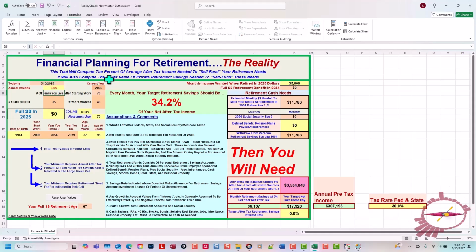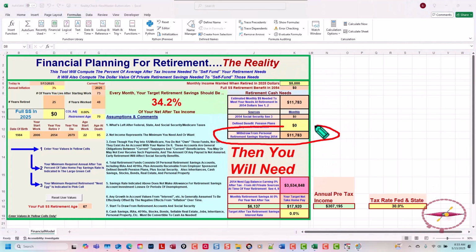That happens to be the historical average for the last 50 years. Note the significant increase in the amount of money we'd have to withdraw each month in order to support ourselves in retirement based upon 3% average inflation.